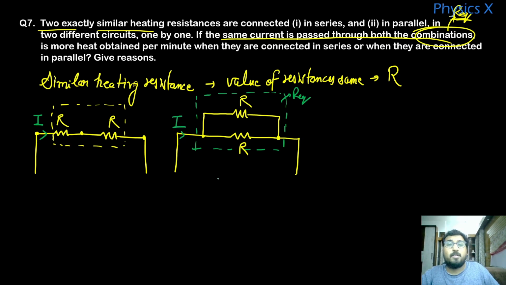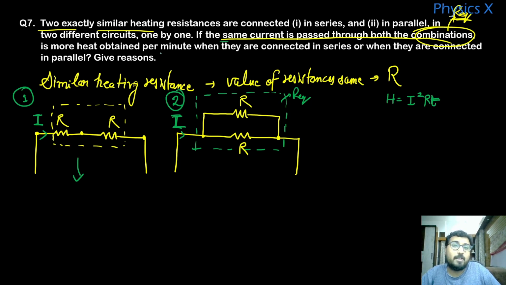He is saying that these are the two different combinations separately. In the first case, these are connected in series and the current I is to be passed through the combination. And again in the second case also, this I current is to be passed through the combination. So he is saying that the same current is passed. In which of the connections is more heat produced, right? So let me consider this first one. What is heat? H is nothing but I square R T, right?